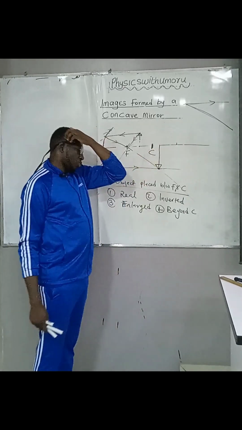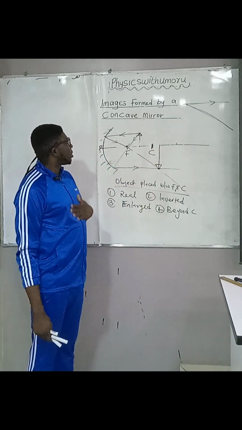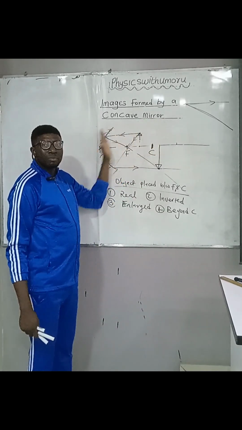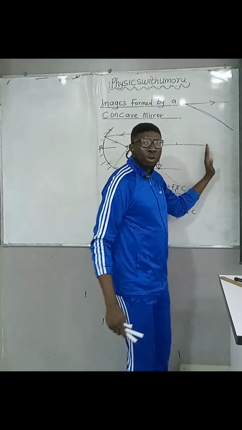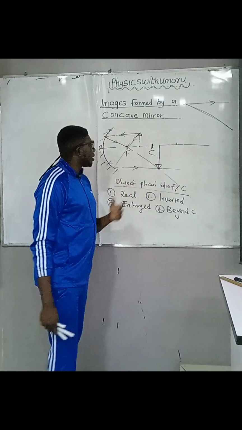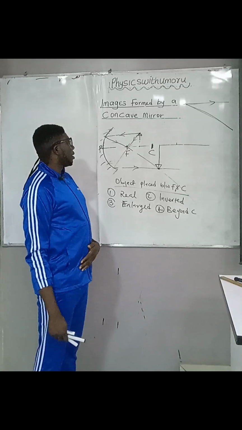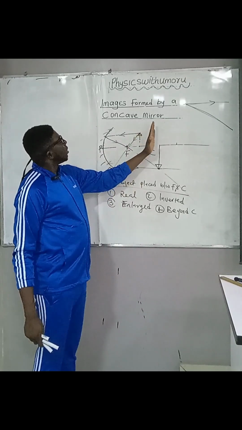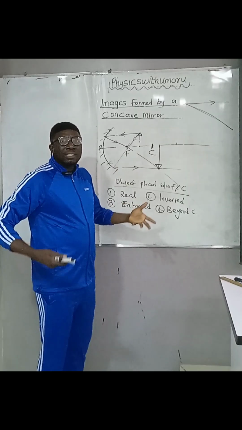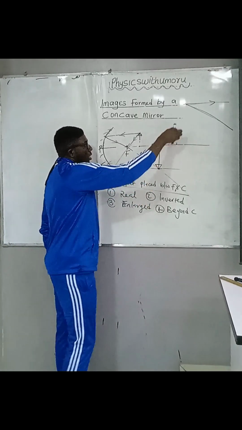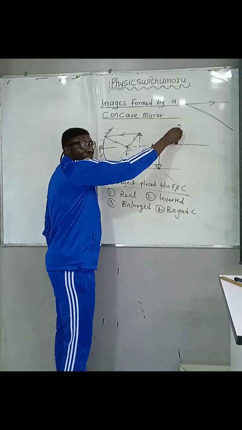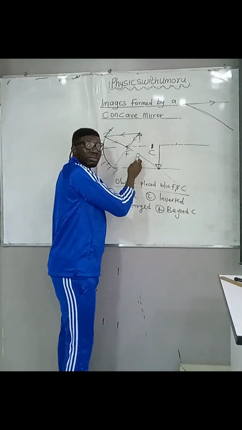Okay. So I want you to also notice this. You see that as the object is coming closer, the image is moving backward, far away. That's two. And the next thing I want you to observe is this. As the object is coming closer, the size is increasing. At first, when the object is placed beyond C, the image was diminished.